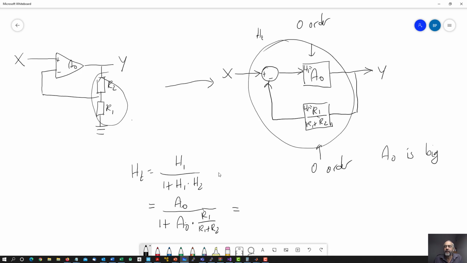I don't know exactly. But if A0 is big, then especially this is interesting. If we somewhere find the factor 1 over A0, then that will be almost zero. It can be disregarded. It can be ignored.